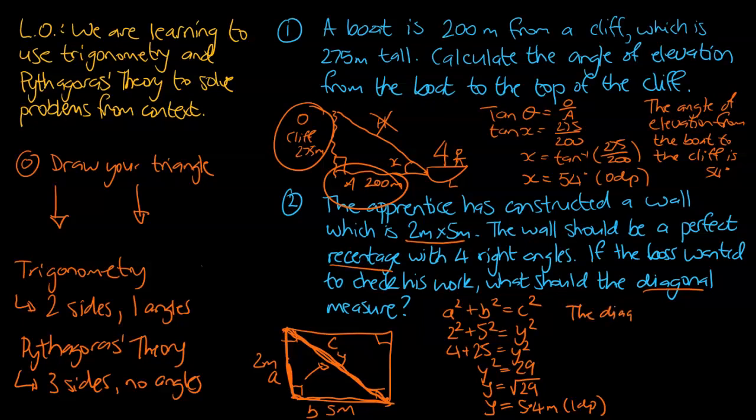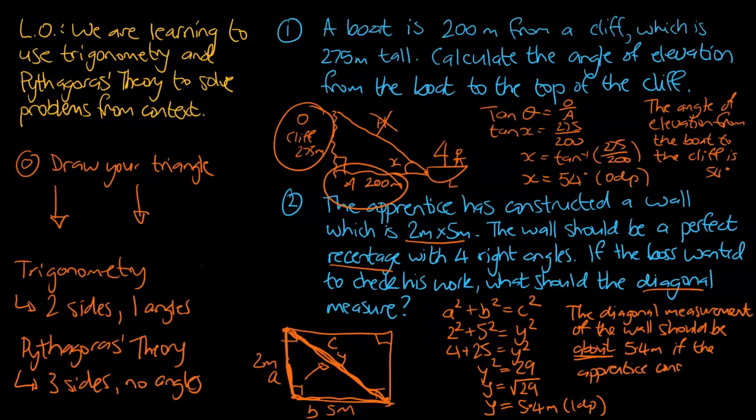The diagonal measurement of the wall should be about, and the reason I'm saying about is because I did end up rounding it, so it's not quite correct, but it should be about 5.4 meters if the apprentice constructed it correctly.